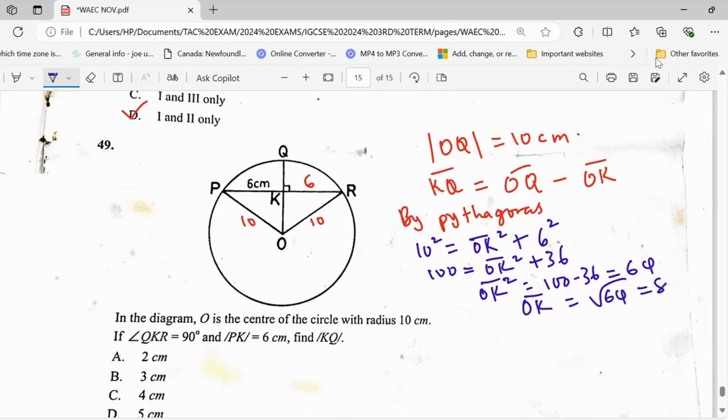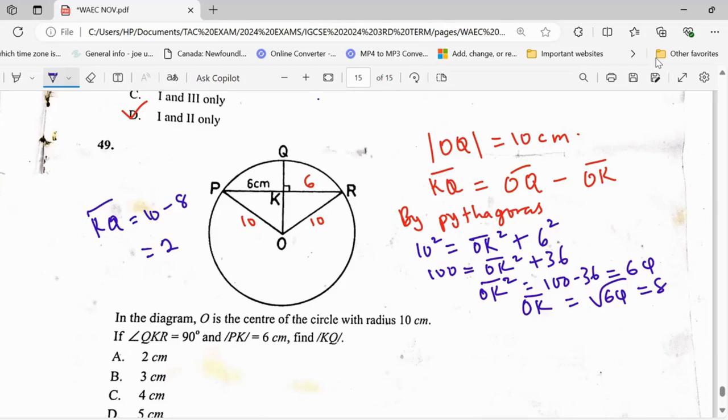So if OK is 8, and OQ is 10, that means KQ, which is what we are looking for, is going to give us 10 minus 8, and that is 2, because OQ is 10.